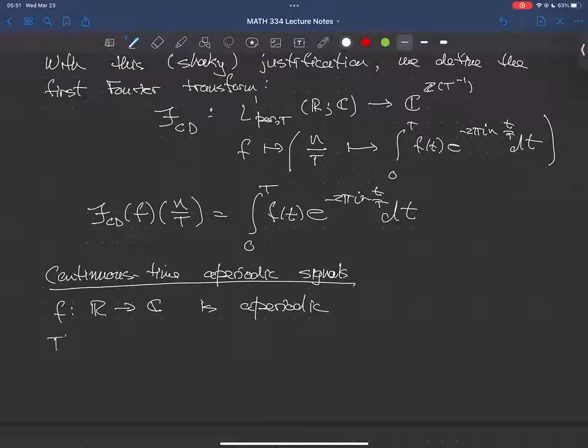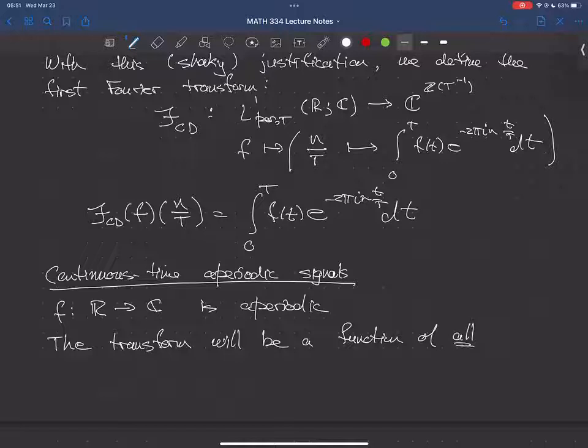The transform will be a function of all frequencies, not just a discrete collection of frequencies.